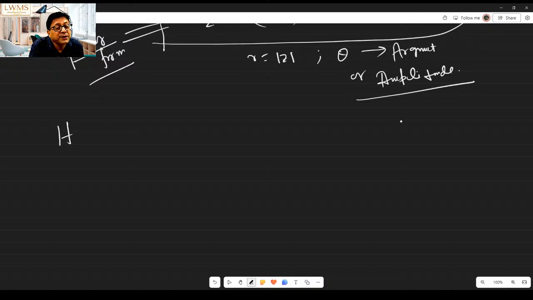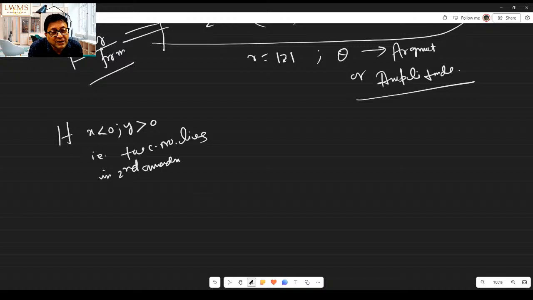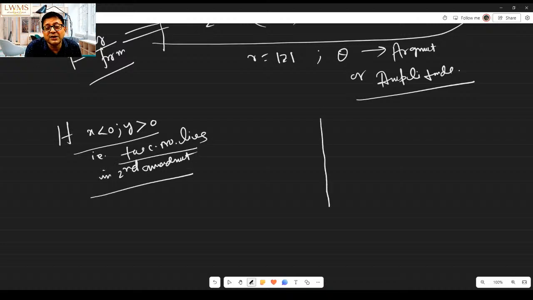Now if x less than 0 and y greater than 0, that is, the complex number lies in the second quadrant, how to find its polar form?